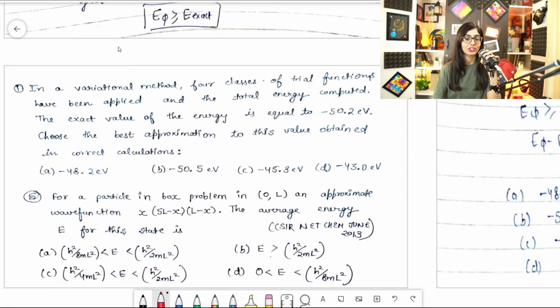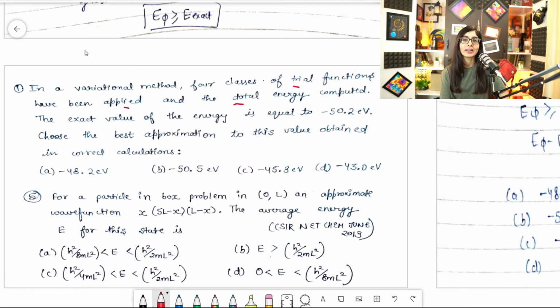Just pay attention over the screen. You can see the first question: in a variational method, 4 classes of trial functions have been applied. Now they have taken 4 trial functions and the total energy is computed.